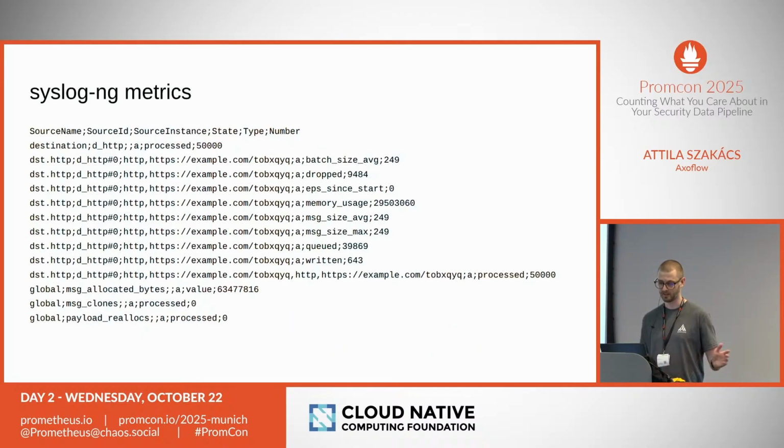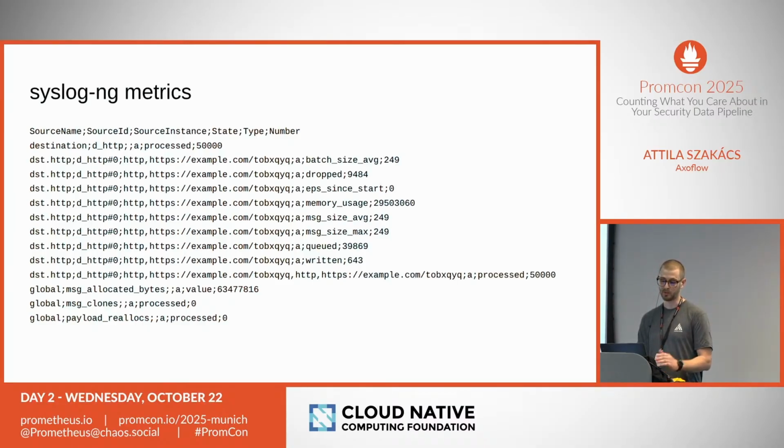Yeah, okay, so what did syslog-ng come up with in regards to metrics? Well, this is the custom CSV format I was talking about. What kind of metrics does syslog-ng expose? We have source and destination side metrics, also a bunch of global performance-related metrics, similar to the metrics we saw in the previous presentation.